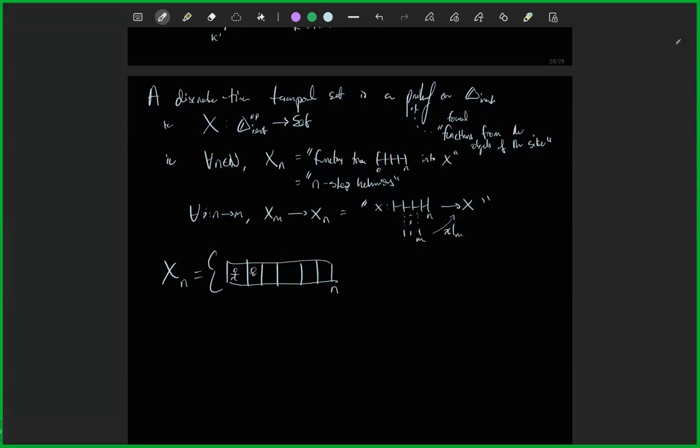Anyway, movie reels, and then you can snip out a movie reel into a smaller movie reel of length m, where this is the inclusion here, I. This would be x restricted along I. That's what I really should say, because it's not x restricted to m, because of course there's multiple different length m segments potentially.